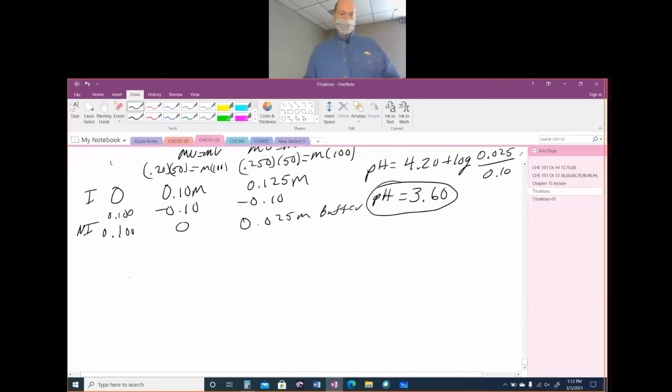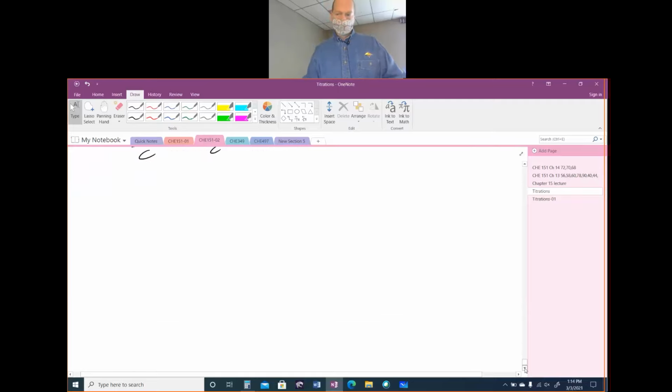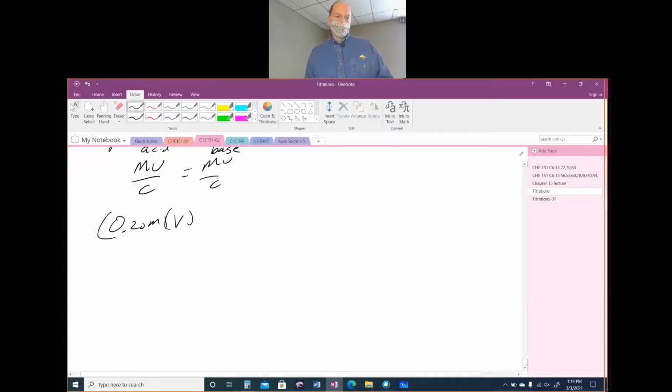All right, so at the equivalence point, MV over C for your acid is equal to MV over C for your base. So your HBr, 0.2 molar. What volume is required to reach the endpoint?